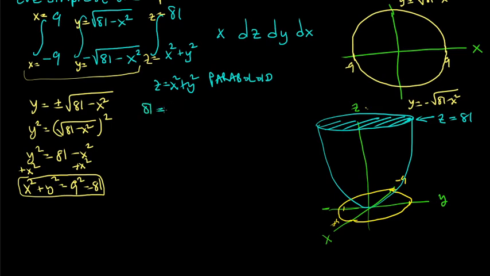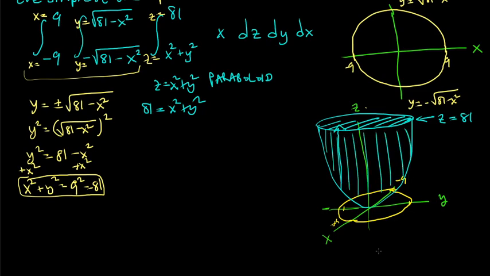Well, if 81 is equal to x squared plus y squared, you can tell that this should go straight down to the circle here. So I was off by a little bit. So essentially this solid region is everything above the paraboloid but below the plane. So it's this solid region in here.